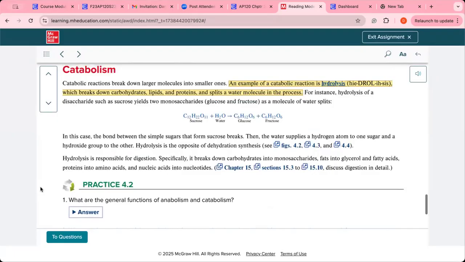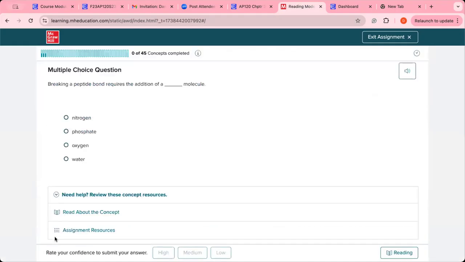To break a peptide bond. I'm not sure what that is. Let's go to the question and see. Yeah, it doesn't tell me that.